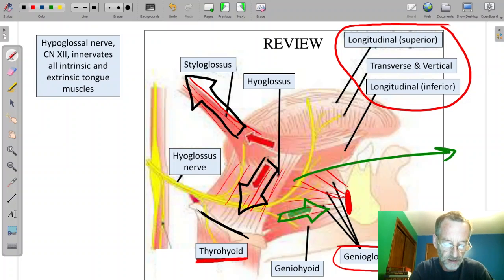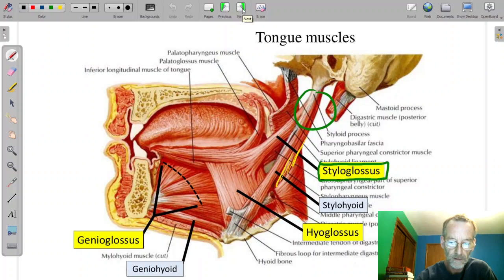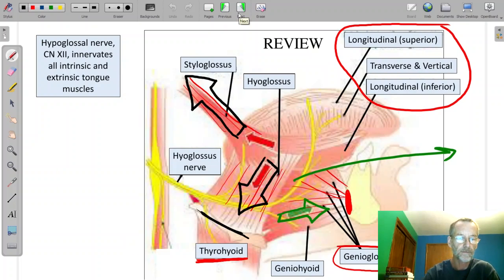And there's the genioglossus nerve. Let me back up a moment. Okay. That's a typo. I left out the P. So fix that in your notes.